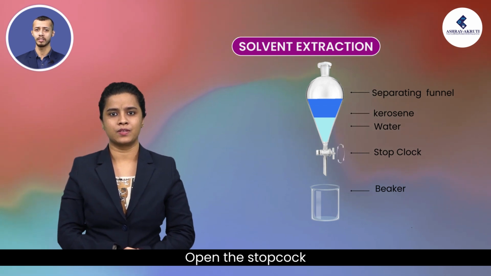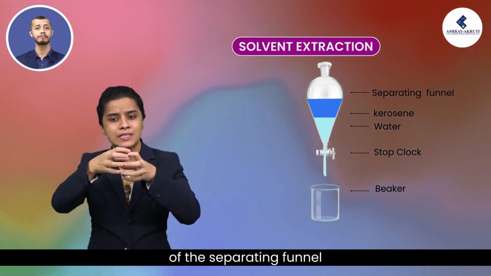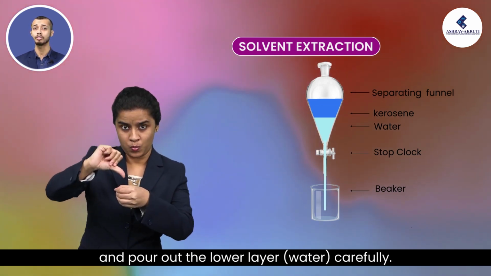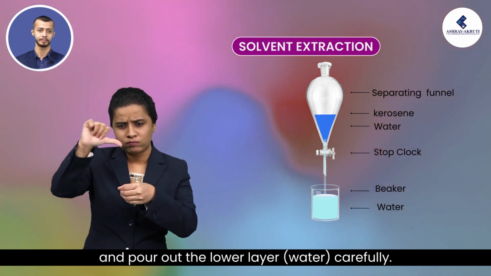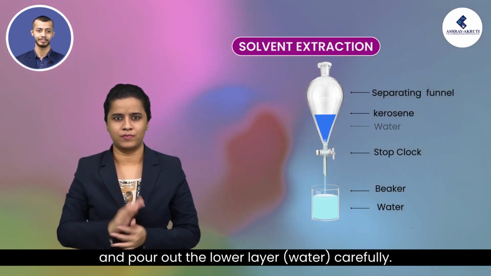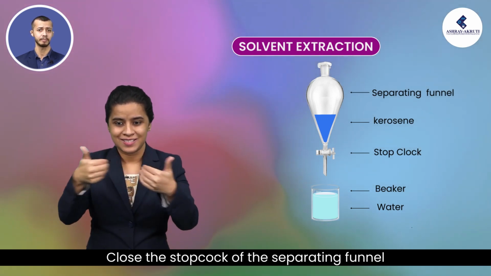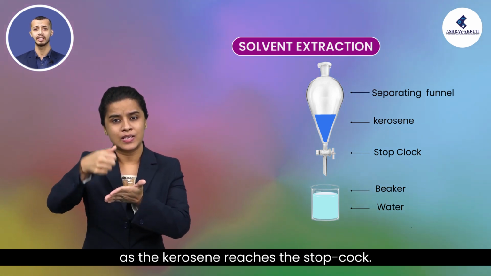Open the stopcock of the separating funnel and pour out the lower layer water carefully. Close the stopcock of the separating funnel as the kerosene reaches the stopcock.